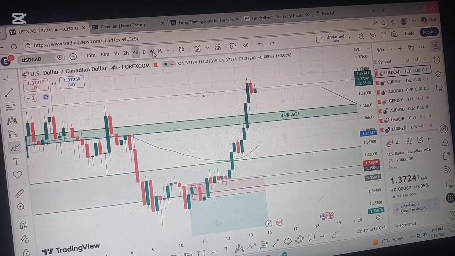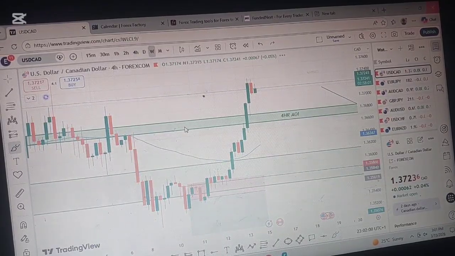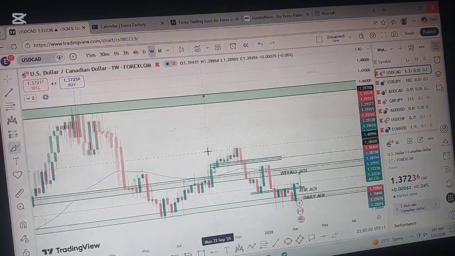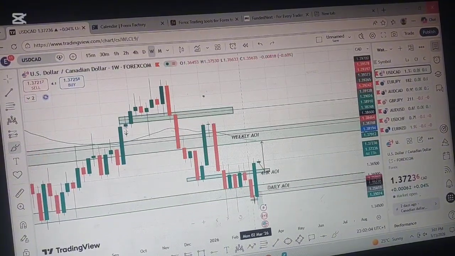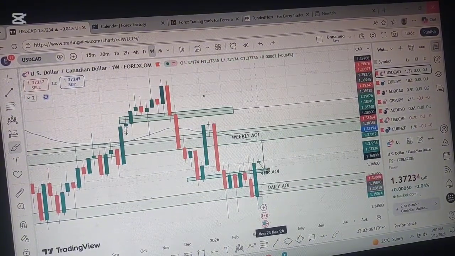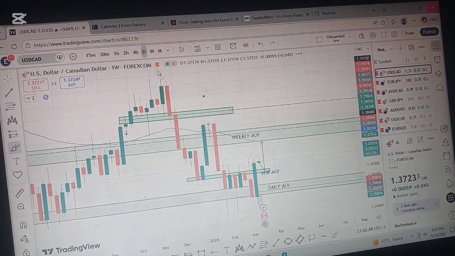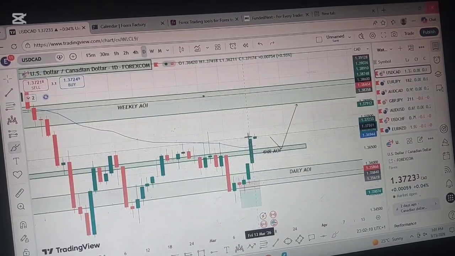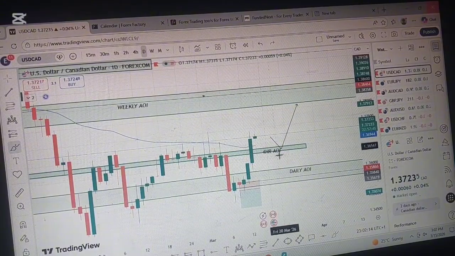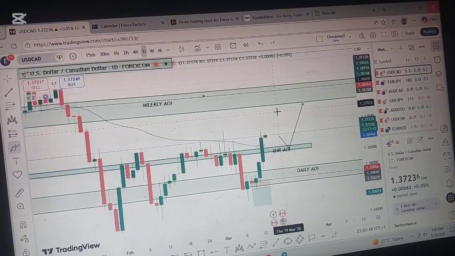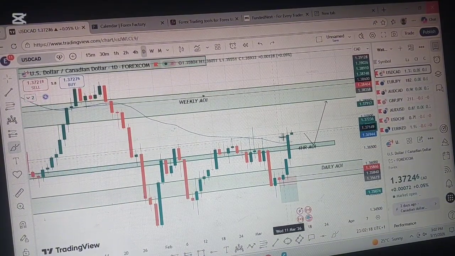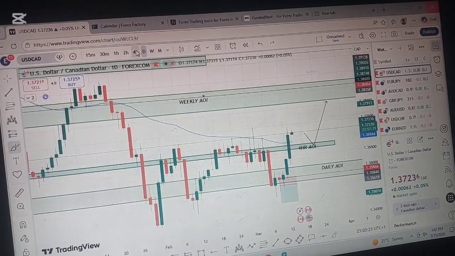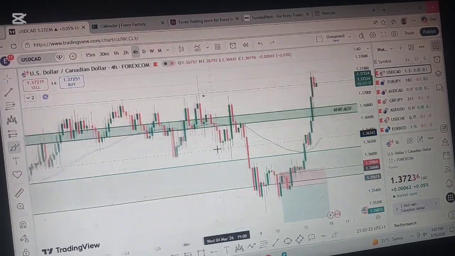So I should explain it again. On the weekly time frame, we are clearly bullish. For us to continue the bullish momentum, we need a pullback. So we are waiting for that pullback to this 4 hour area of interest for me to take the trade to the upside. Clearly, the daily time frame is bullish, and the 4 hour time frame is also bullish.